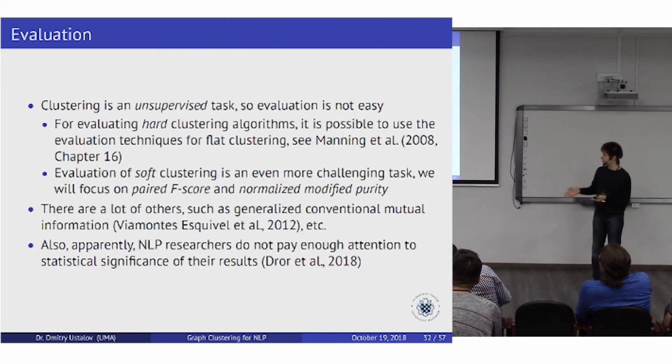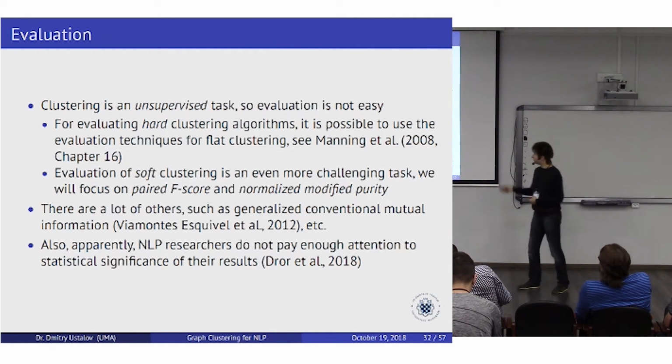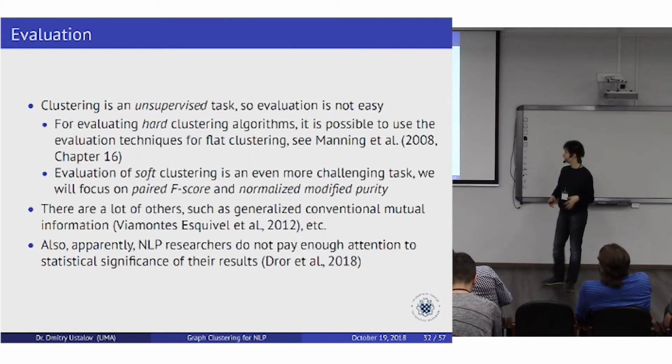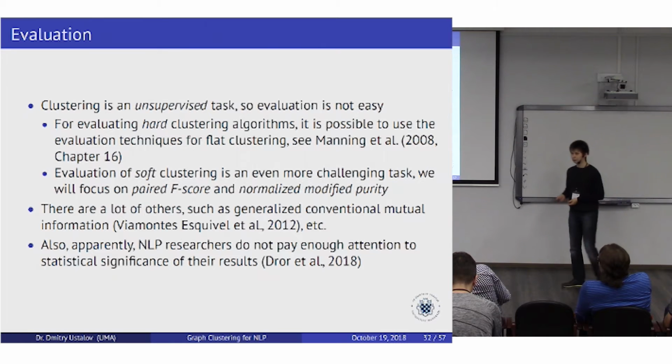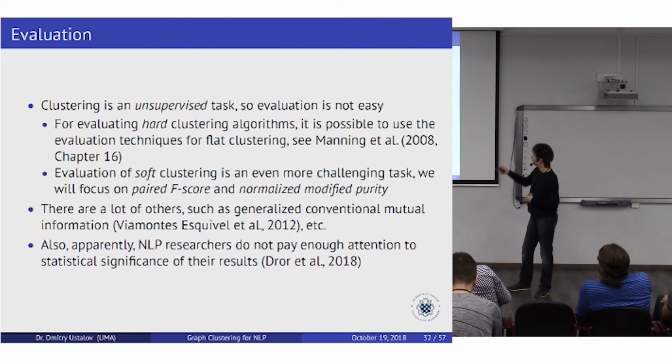So you can compute accuracy, whatever, because you have classes. In this case, you don't have gold classes. You have some objects which are grouped together, and you nevertheless need to find the gold clustering and quantify the quality of your work.